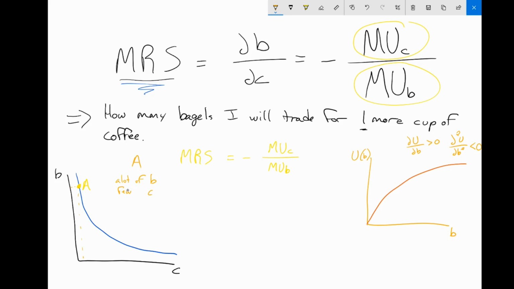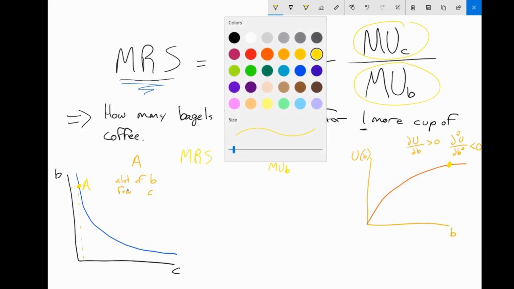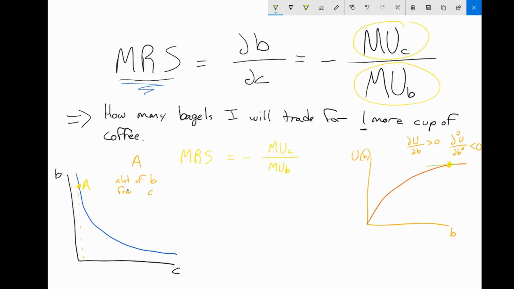All right, and so if I have a lot of b, that's what's happening at A. At point A, I have a lot of b. What does that tell me about the marginal utility? What's the slope here? The slope is very shallow.